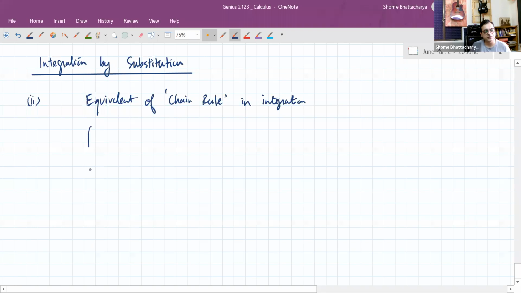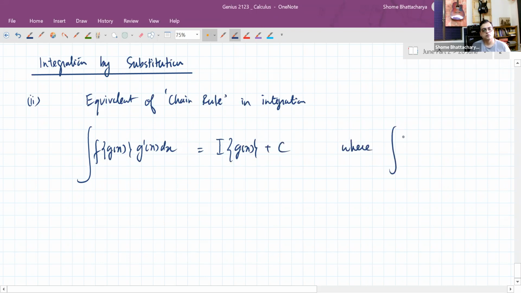So that is, if we have something like this, okay, then this actually becomes this. This might seem like a very complicated thing right now, but I'll explain how this works.